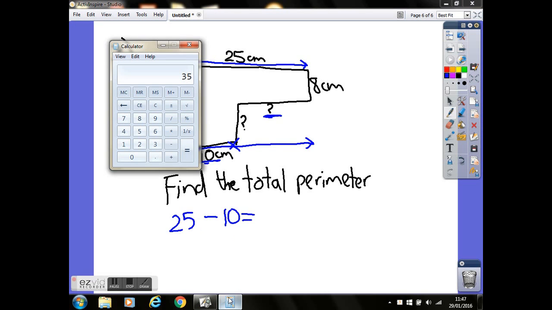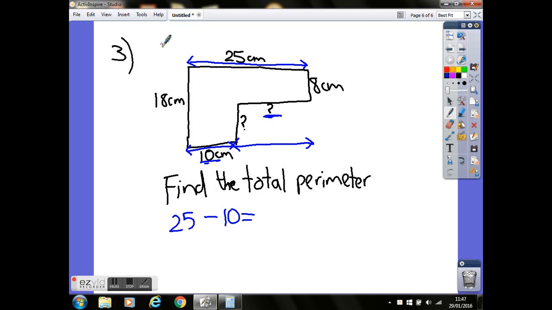So that missing side is going to be 15 centimeters. So I can rub that out now and add 15 to it. So that's the method that you're going to be using. And we're going to use that for the other question mark as well.